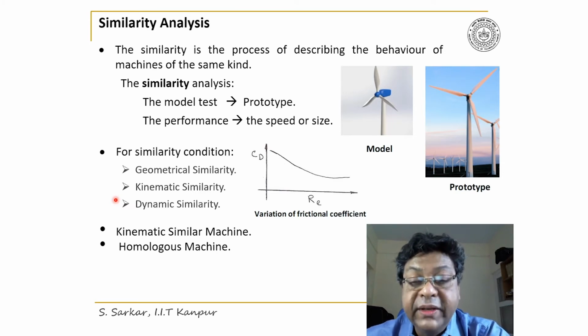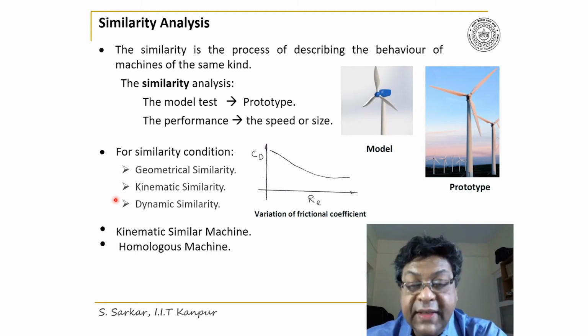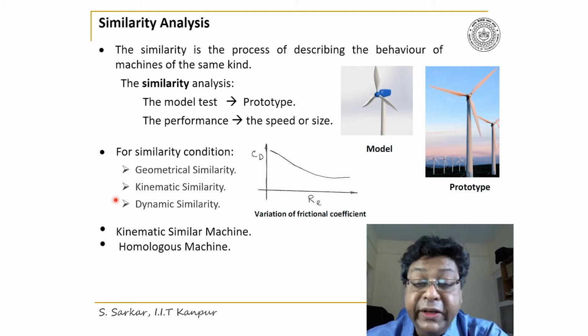What is geometric similarity? Two machines must be geometrically proportional. That means the ratio of corresponding dimensions should be constant. What is kinematic similarity? The flow pattern has to be the same. That means the velocity triangles are similar.